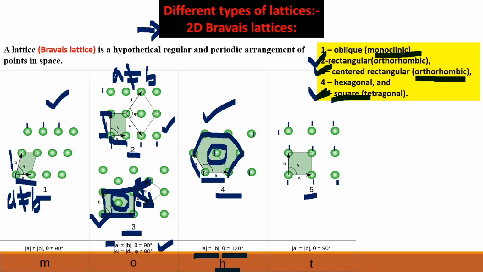If you calculate the distance between two atoms, length and height are similar. So if you trace the axes, A and B, A is equal to B, and the angle is 90 degrees. These are the types of 2D Bravais lattice, and the square lattice indicates a tetragonal crystal structure. I hope you understand the topic of 2D Bravais lattices.